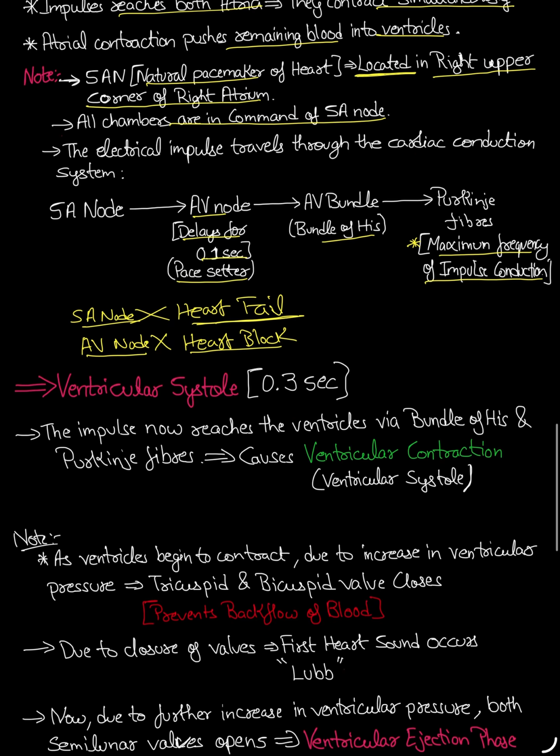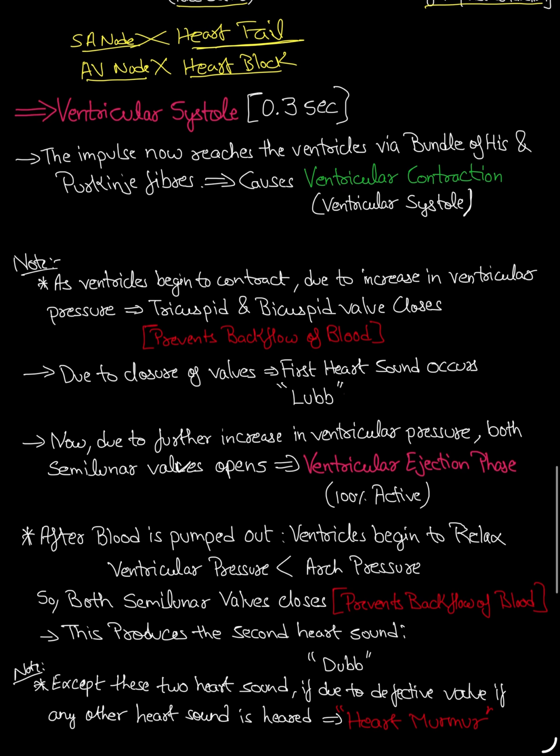Remember this. Now, the next step is ventricle systole. After auricle systole, ventricle systole happens, which lasts for 0.3 second. Remember all these seconds. So now the impulse reaches the ventricles via the bundle of His and Purkinje fibers. This causes ventricle contraction, which is called ventricle systole.